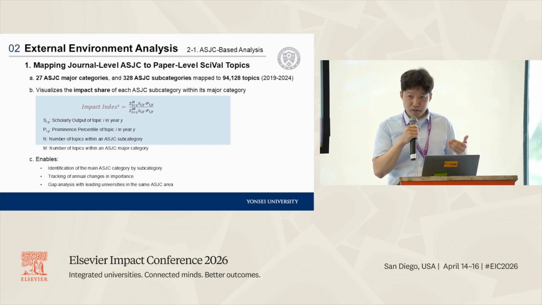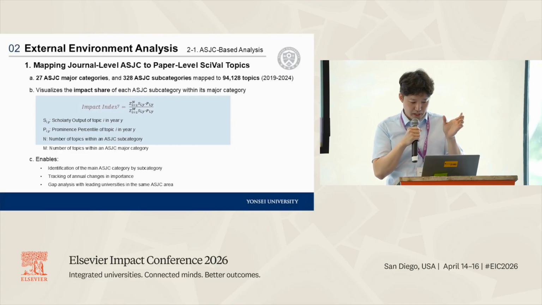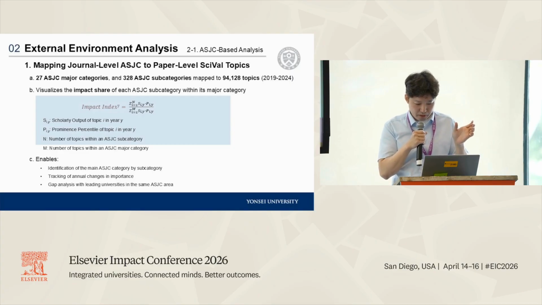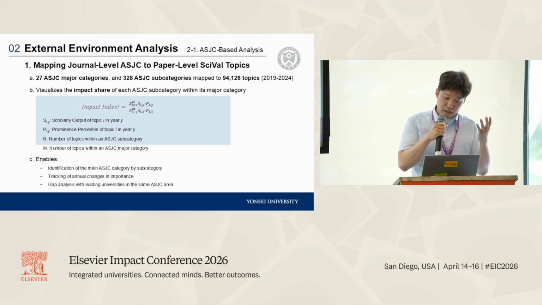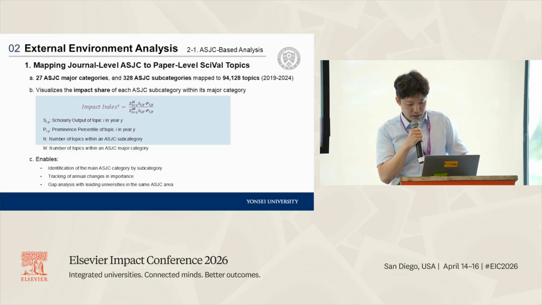It allows us to visualize at a glance which subcategories are ascending or declining within its major ASJC category year by year, providing a robust baseline for gap analysis with leading universities in the same ASJC area.